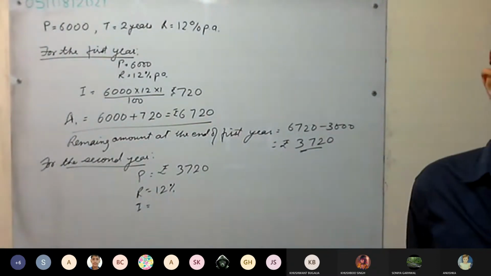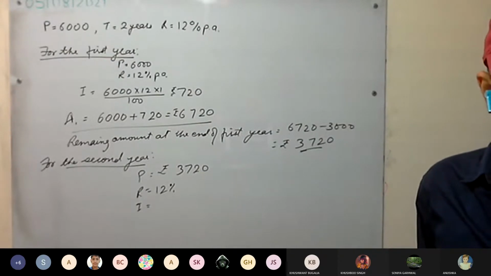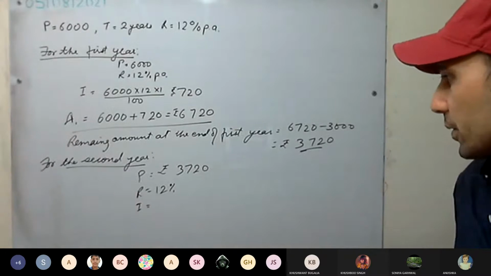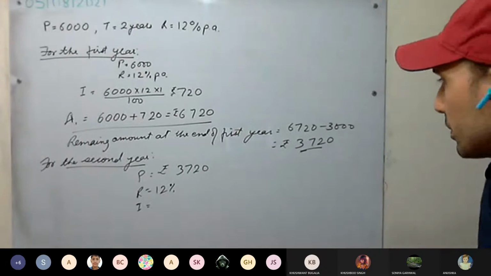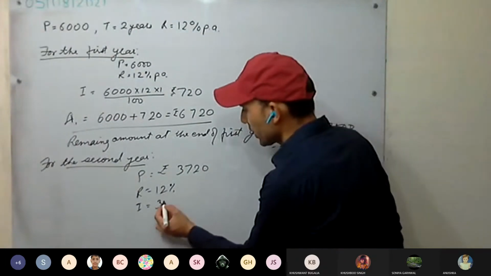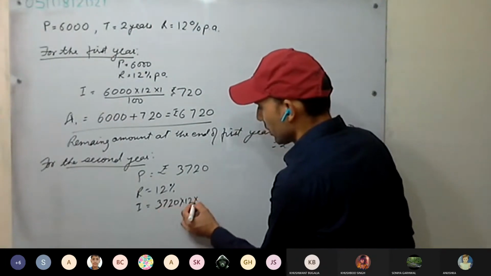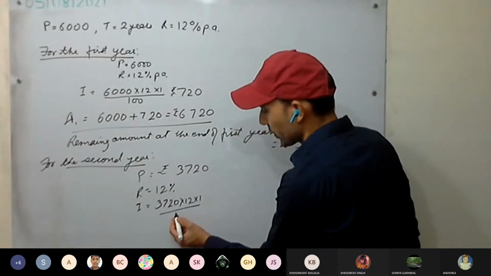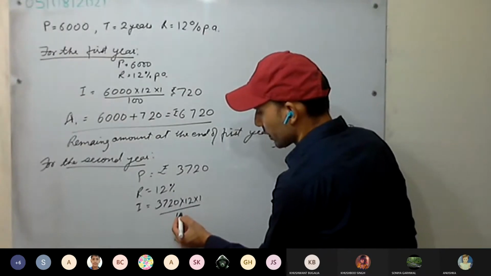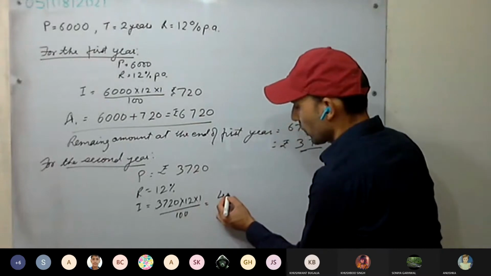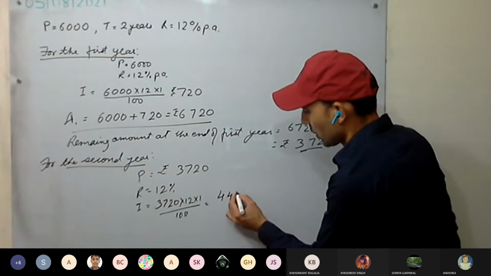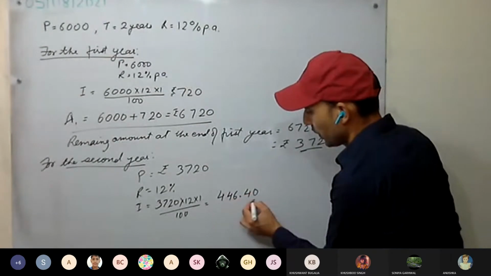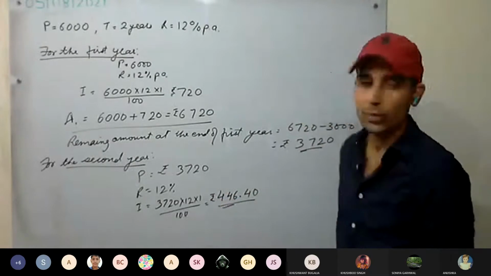Everyone calculate and tell me. 446.40 rupees. This much is the interest for the second year.